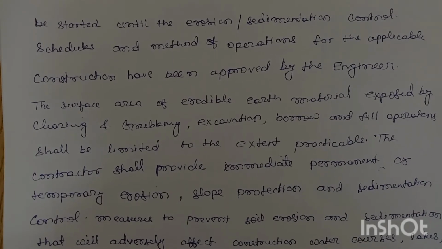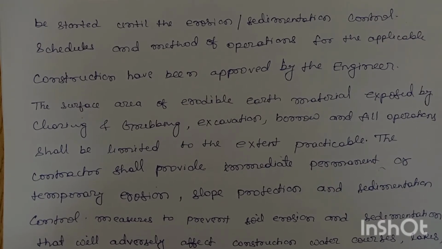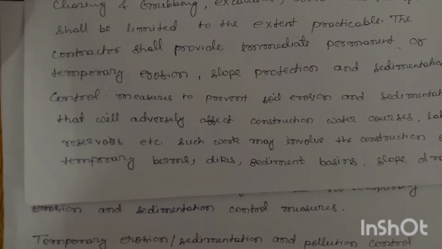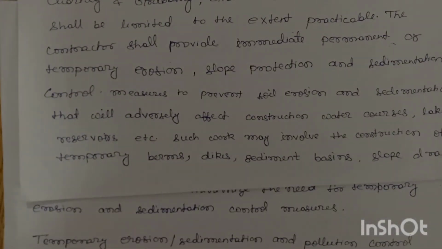The Contractor shall provide immediate permanent or temporary erosion, slope protection and sedimentation control measures to prevent soil erosion and sedimentation that will adversely affect construction, water courses, lakes, reservoirs, etc.